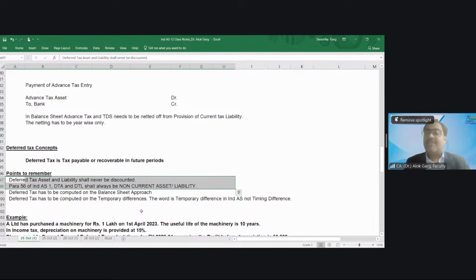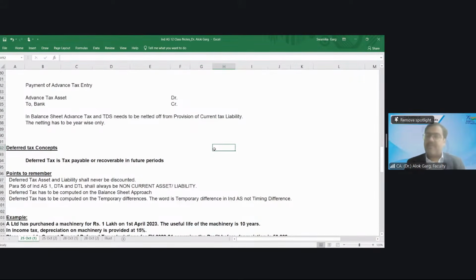In Ind AS there are a lot of provisions on discounting. So the question will say the company has created a deferred tax asset of 20 crores and expects the recovery of this DTA after 6 years. And the question will give you a discount rate also, 10%.